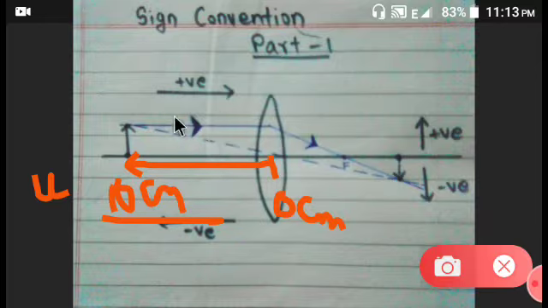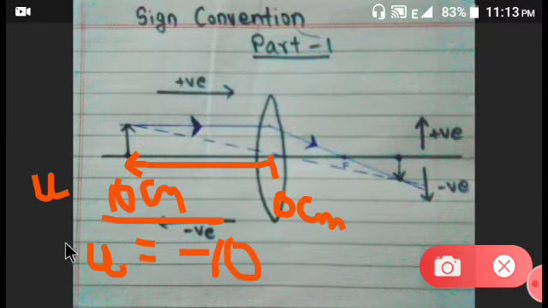What you can see is that the incident ray's direction is opposite to that of u, so we write the object distance u = -10 centimeter. This is a part of sign convention.